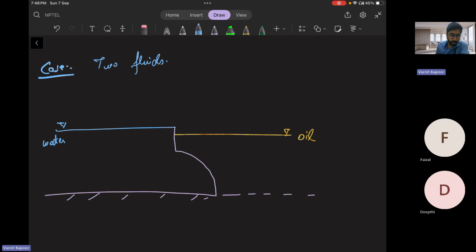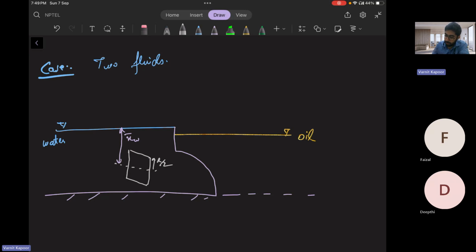This is your water. Again, you will draw the projected area. Suppose this is your projected area of the surface. Okay. There will be a center of gravity. There will be X bar of water. This is suppose R by 2. Okay.